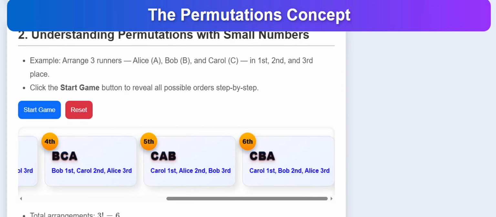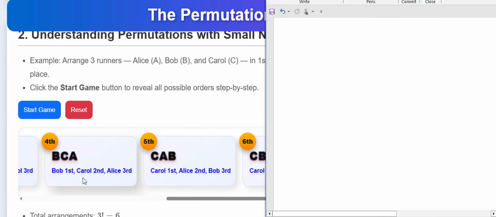Instead of doing it all manually, I can just take the runners as 3, so n is 3, then n factorial would be 3 by 2 by 1, which is 3 by 2 is 6, by 1 is 6. So I can arrange them in 6 different ways.